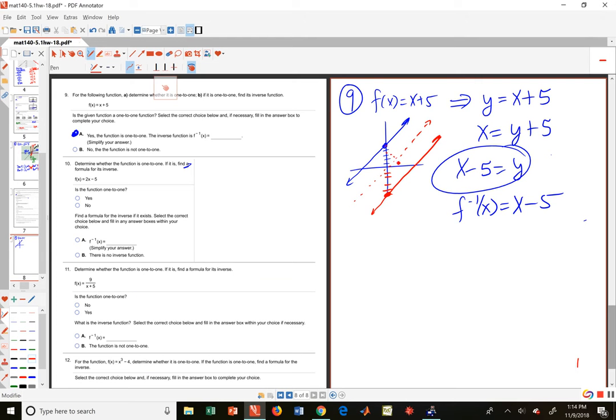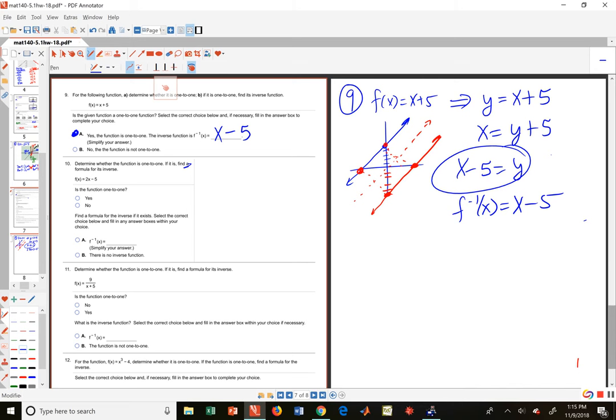Okay, now that point actually, I didn't draw it the best, but that point actually is over there, and this point is right there. So they get reflected across the mirror, and so we've computed our f inverse. It was definitely one-to-one, and so f inverse is x minus 5.